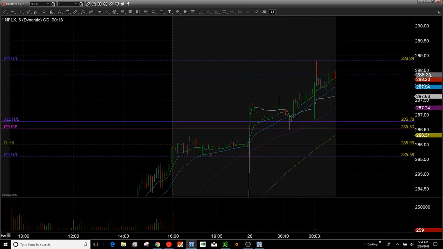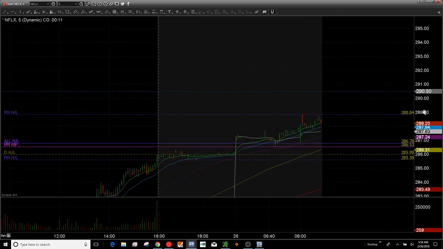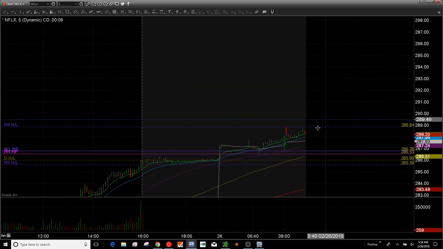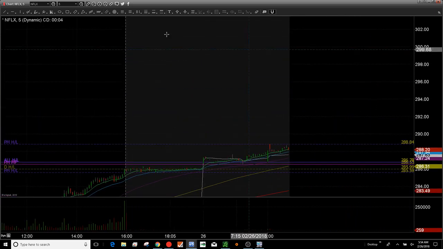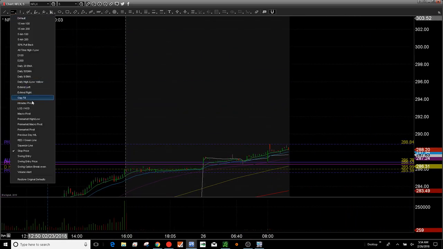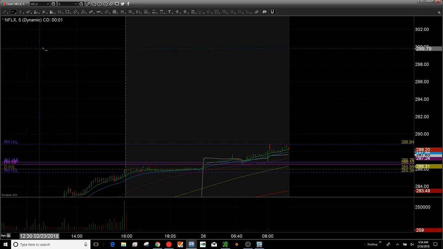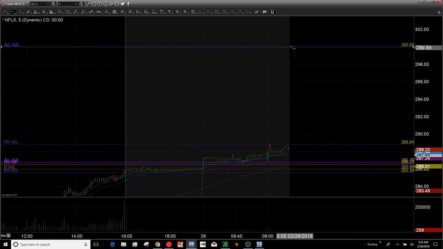Okay, so we do not know how far this thing can go. All right, so if you're gonna take this trade, this is an unknown amount. If we're gonna mark anything, we definitely have to mark all-time high at 300 for sure. Century mark, it will find resistance before it comes back down here.